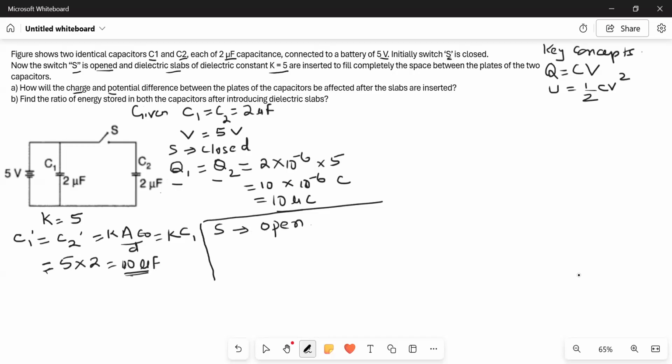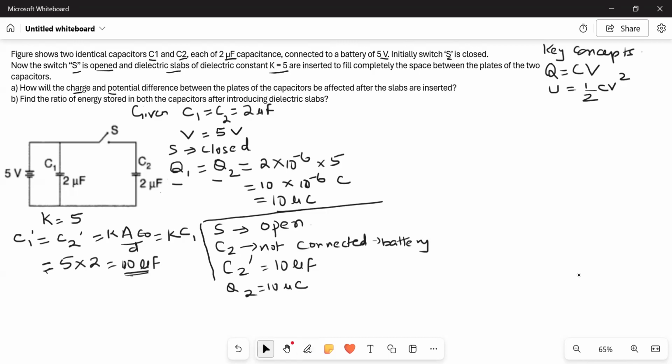So when S is open, C2 is not connected to the battery, but its capacitance is increased to 10 μF, and it had a charge of 10 microcoulomb.